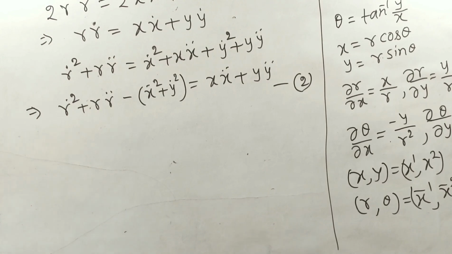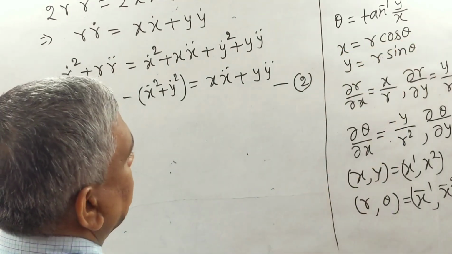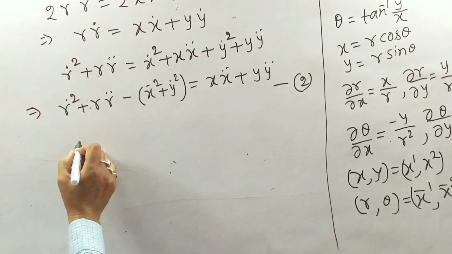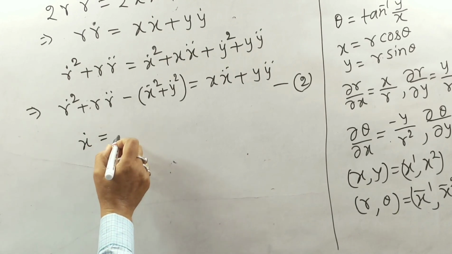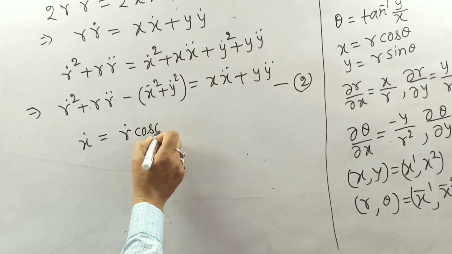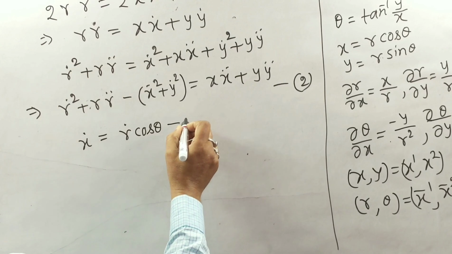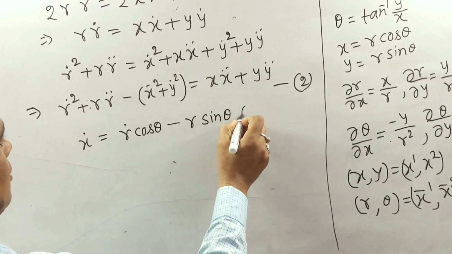Again, differentiating both sides of x equals r cos theta with respect to t, we get x dot equals r dot cos theta minus r sin theta theta dot.